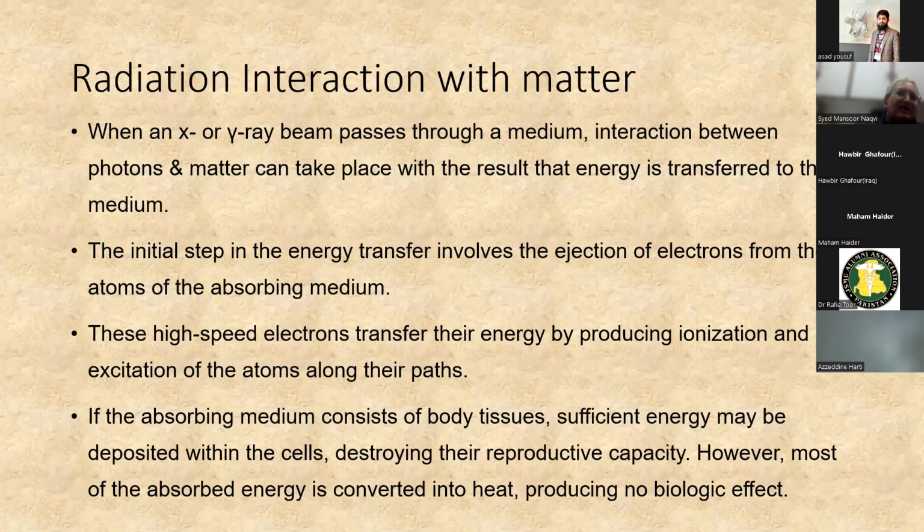These high-speed electrons transfer the energy by producing ionization and excitation of the atoms along their path. If the absorbing medium consists of body tissue, sufficient energy may be deposited within the cell, destroying its reproductive capacity. However, most of the energy is converted into heat, producing no biological effect.